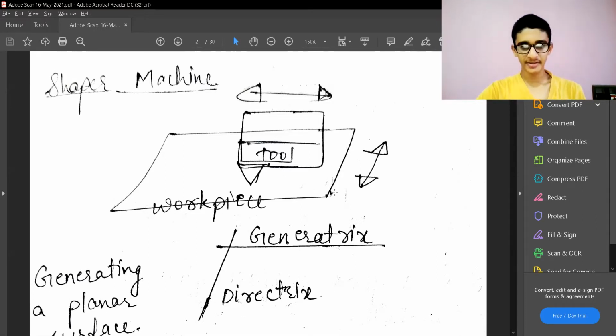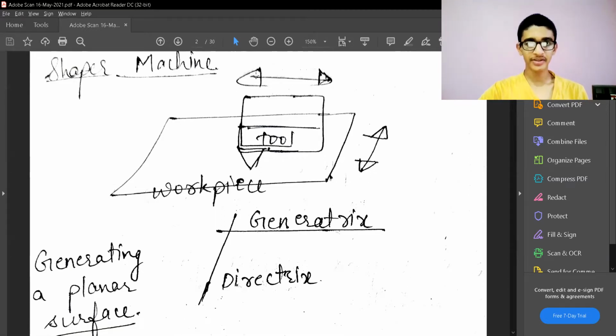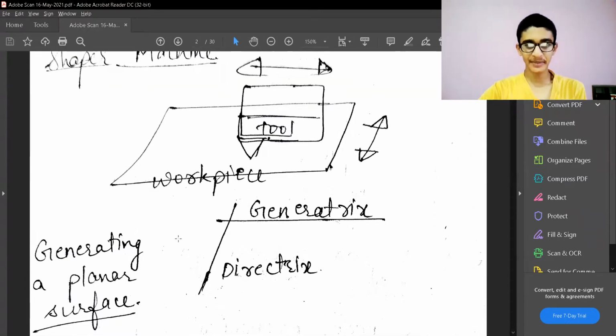So the directrix is one straight motion, and the generatrix is another perpendicular straight motion. This combination of specific straight-line paths perpendicular to each other will result in a planar surface.